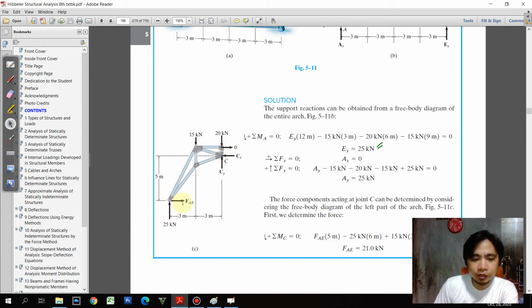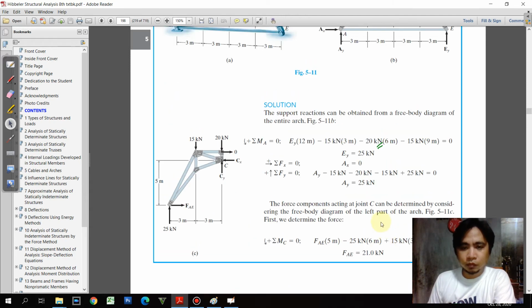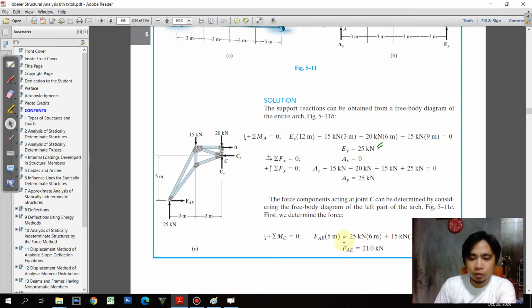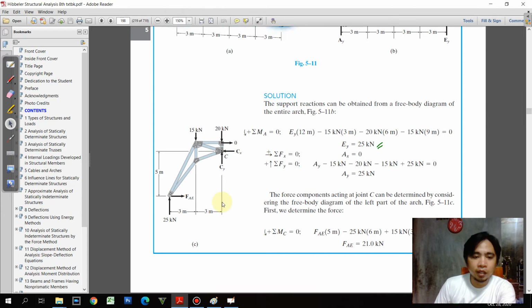So the force FAE times 5 minus this reaction, 25 times 6, and then plus 15 times 3, so this will all be equal to 0, and that will be equal to 21 kilonewton. So 21 kilonewton is our horizontal force in member AE.